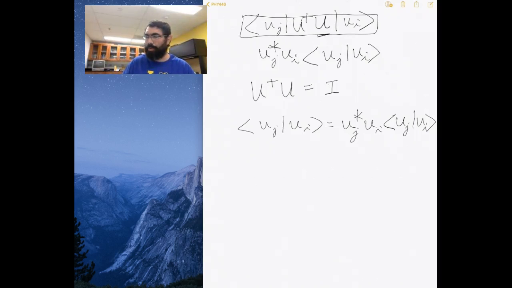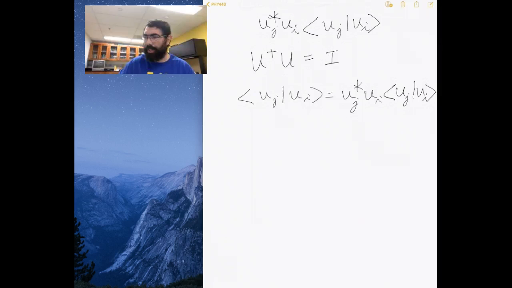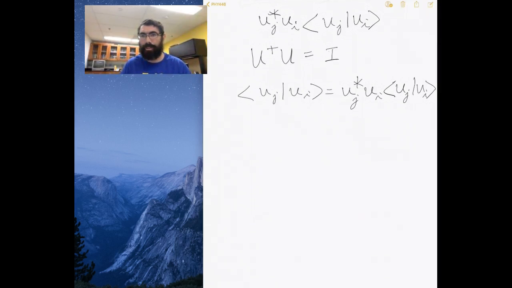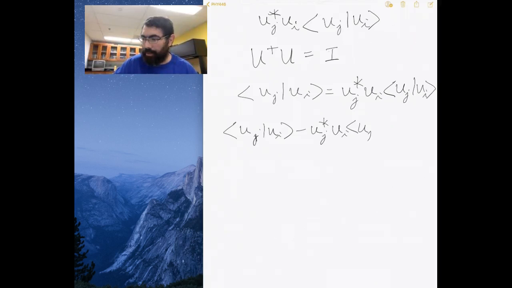Now what we can do is subtract the right-hand side and move it over to the left-hand side. So I've got the inner product of u sub j with u sub i minus this stuff on the right-hand side is equal to 0.